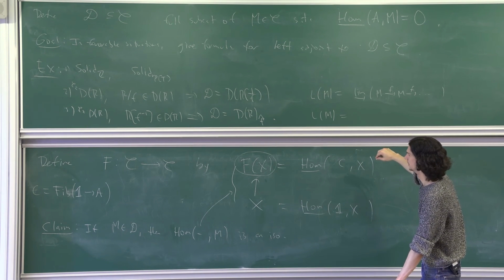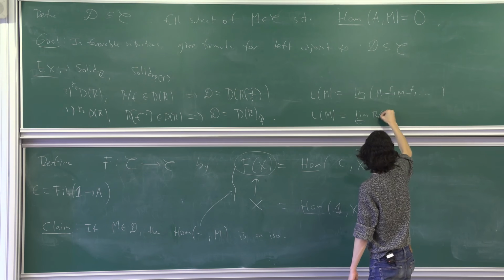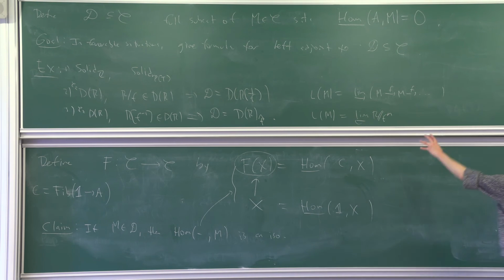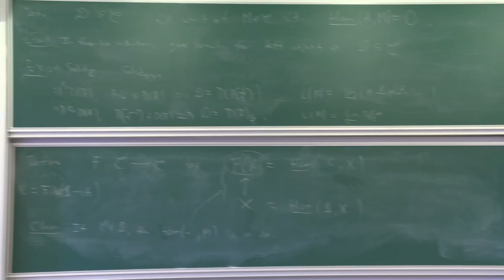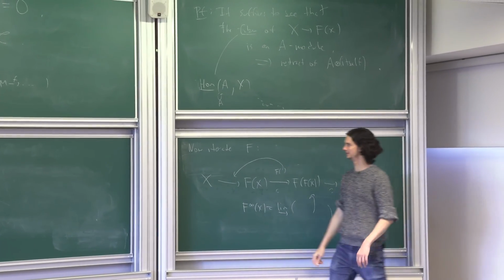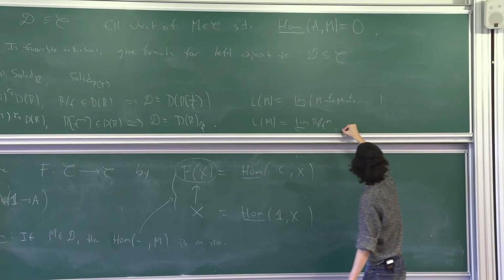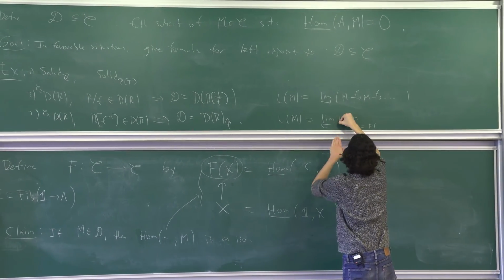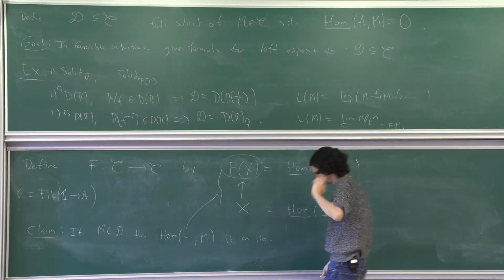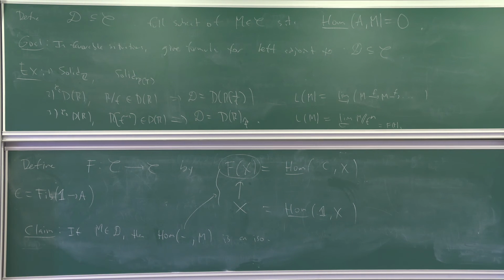Here it looks different because it's an inverse limit. But what's actually happening is that this inverse limit is what you just see at the first term, and then all the maps after that are isomorphisms. So this is just the first iteration of f of x, f of m in this setting. So it's fun to use this formalism to understand left adjoints.